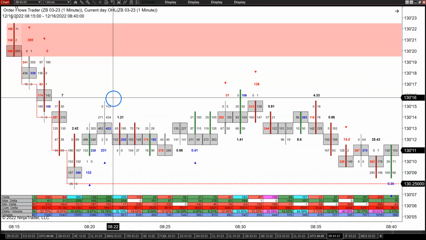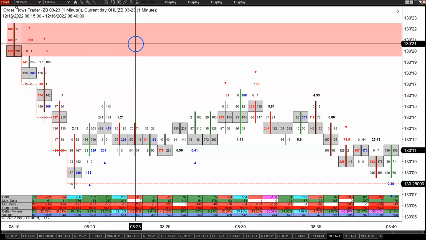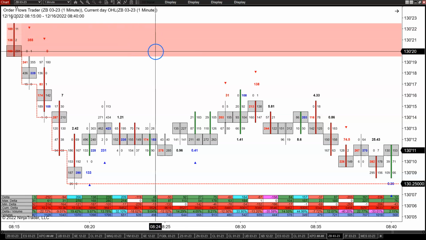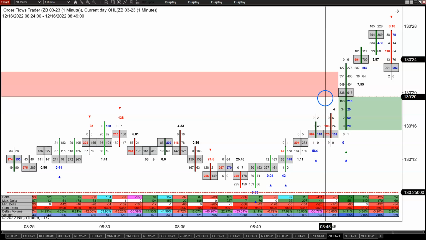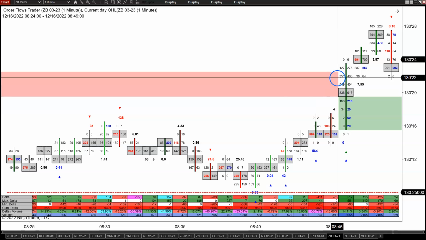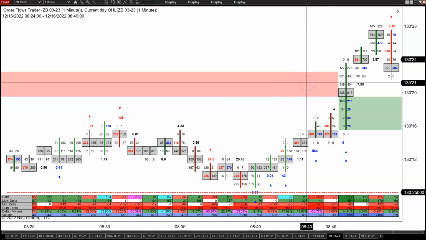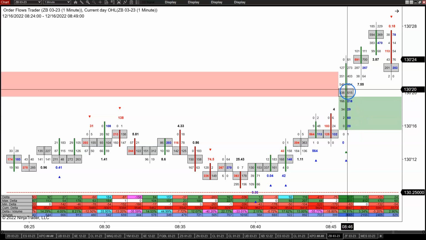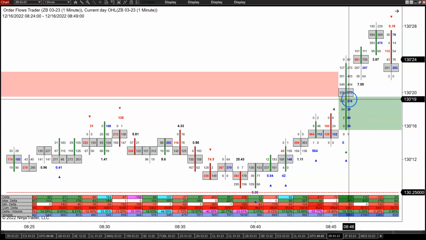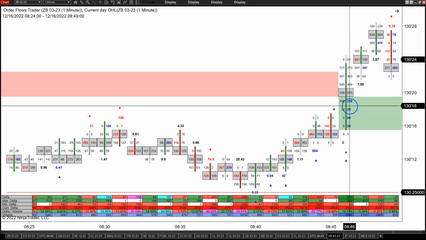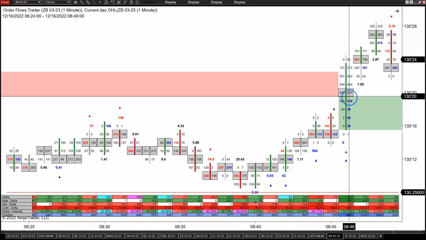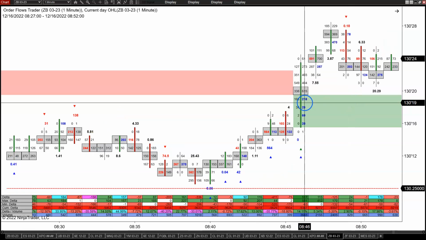And I like to watch what's going to happen when the market comes back to that level. So for example, right, we had the stacked selling imbalance back here at 816, around the 130.20 to 22 area. Market came back, and that is a resistance level. Now I do have a stacked buying imbalance going into resistance, if you will. So I'm not sure if that resistance is going to hold, or just going to blow right through it. In this case, we blew right through it.